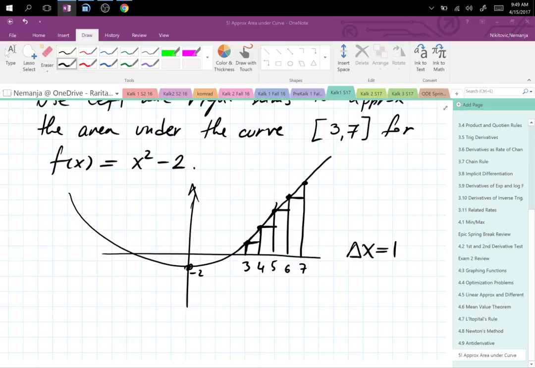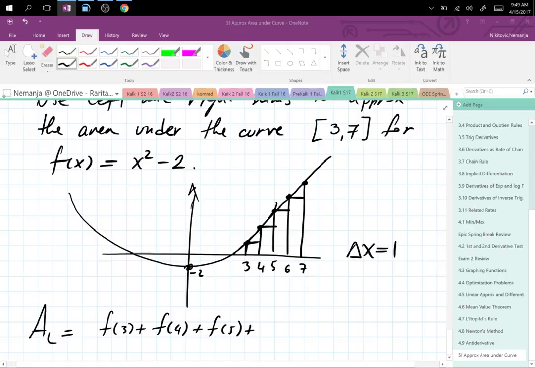So now what do I have? For the left areas, all I need to do is to say f at 3 plus f at 4 plus f at 5 plus f at 6, and we stop, times delta x. Because we stop at 6, because 6 is the start of the last rectangle. 7 would make another rectangle, so 7 is the right point.